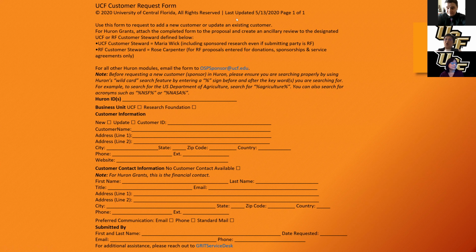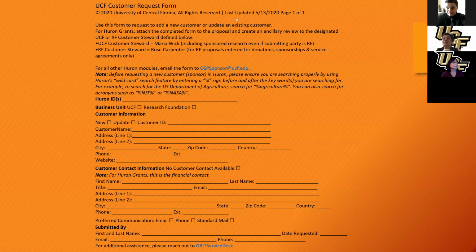We associate the contact information with our customer award, so it is really important that this information is provided because it is brought over to our invoice. If you provide us the incorrect email address, then the sponsor will not get our invoice, and it is possible that we might have non-payment of our invoice.